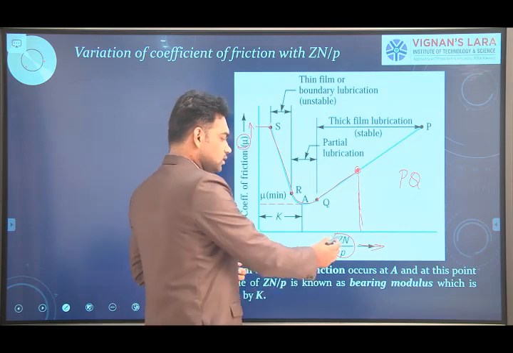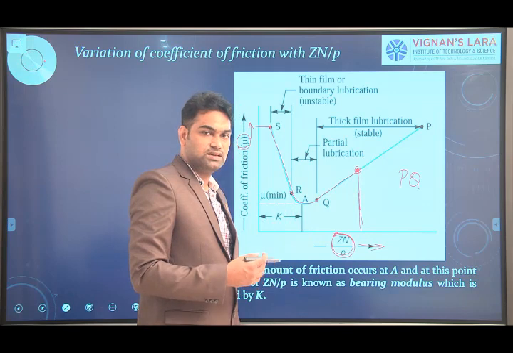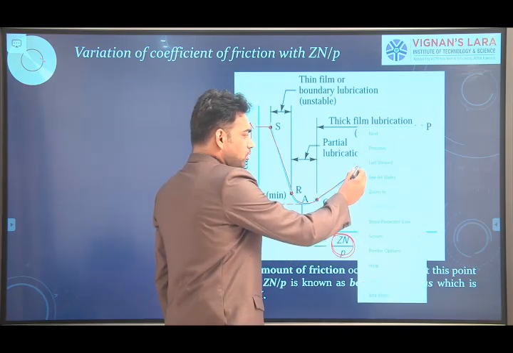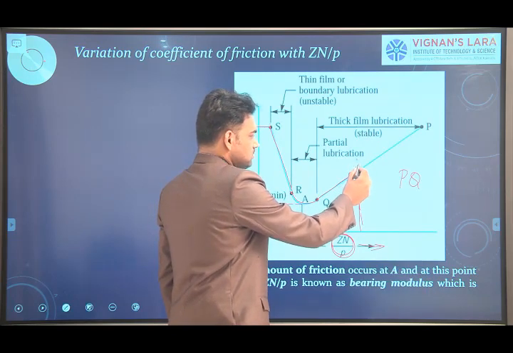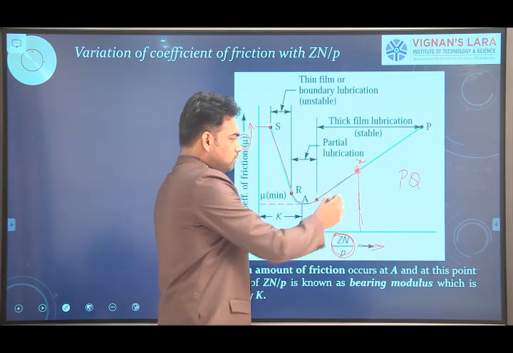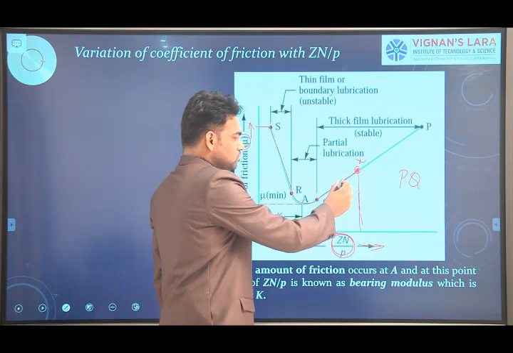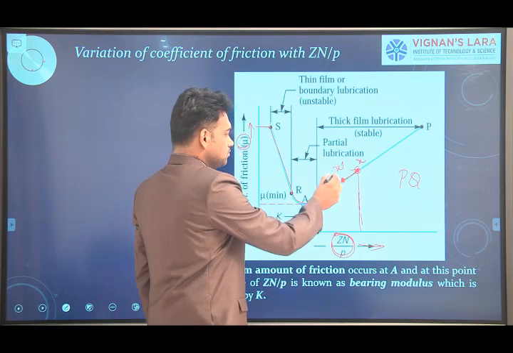With the decrease of viscosity, the ZN by P, that is the bearing characteristic number, should also decrease, so the point, which I can take as some point x, comes to this region of x dash, as you can observe.